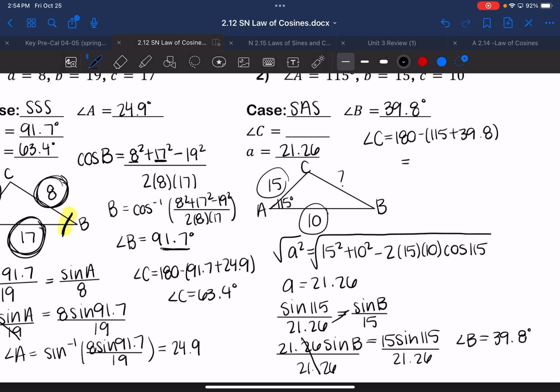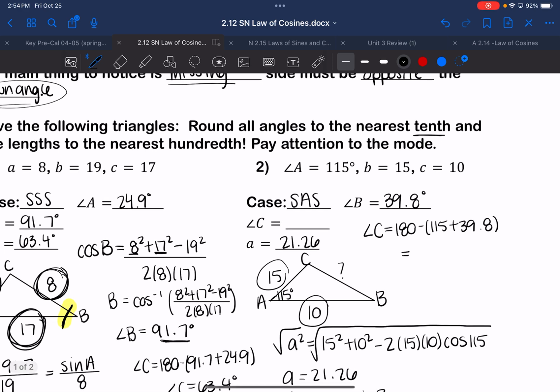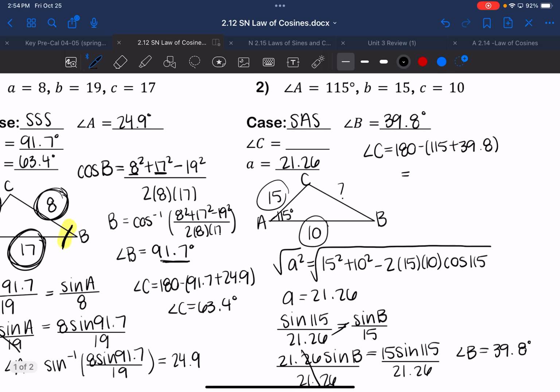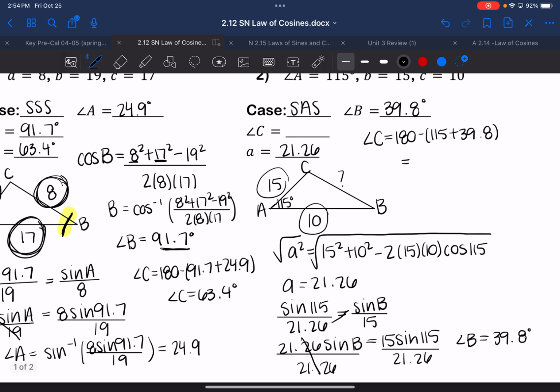So what did we say we would get for angle C? 25.2. Yeah, we should only have one single decimal. Well, I said 39.75, but I think it said up here it just wanted us to do the tenth, so that's why we have different decimals. That's okay. And you said we would get what when we subtract? 25.2. Okay.